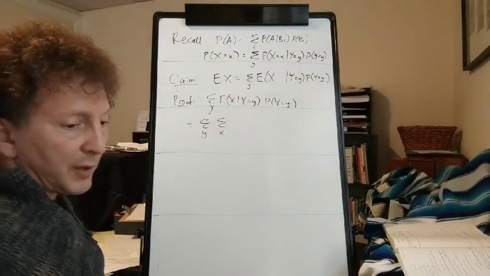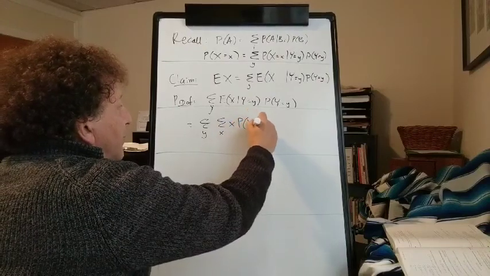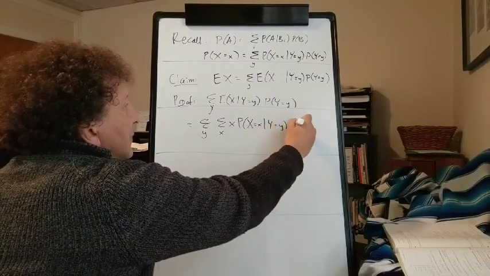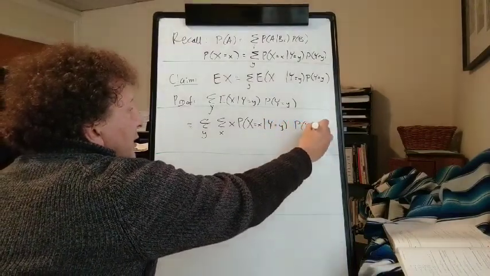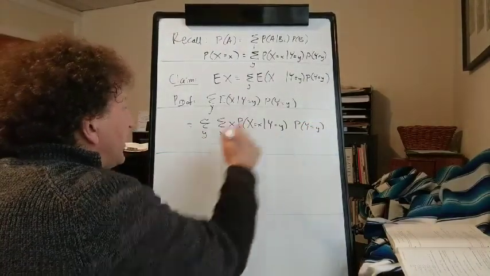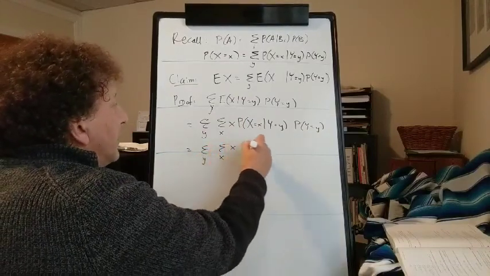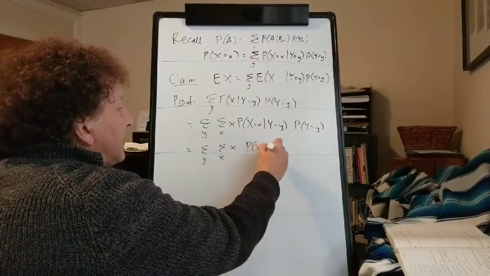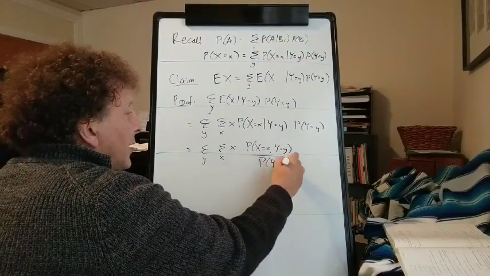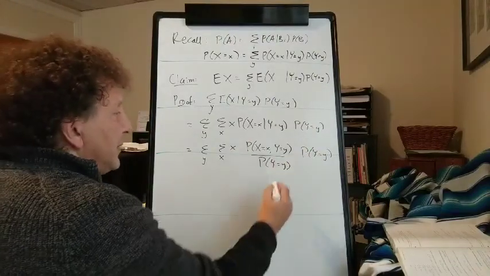So this is a sum over all values of x, times the probability that capital X equals little x given that capital Y equals little y, times the probability that Y equals little y. Now this conditional probability we can rewrite as a fraction. This is the probability that capital X equals little x and capital Y equals little y, divided by the probability that capital Y equals little y. And if we do that, we see that these two probabilities cancel.